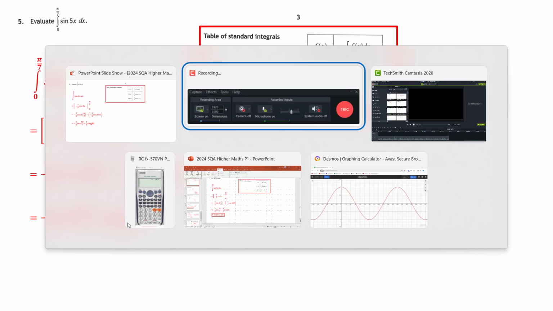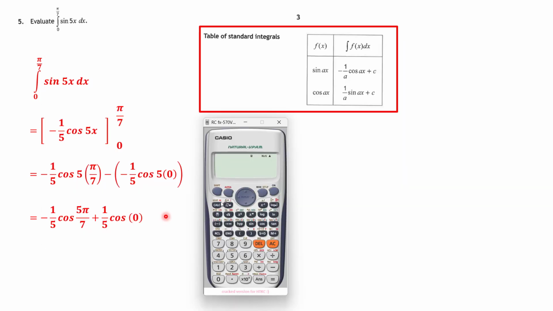So let's get a calculator out. Remember, it's in radians because we've got pi here, so we're going to say negative, make a fraction, 1, come down 5, go to the right, cosine, and then make a fraction again, 5, we want pi, there it is, come down, 7, go to the right, close the bracket.